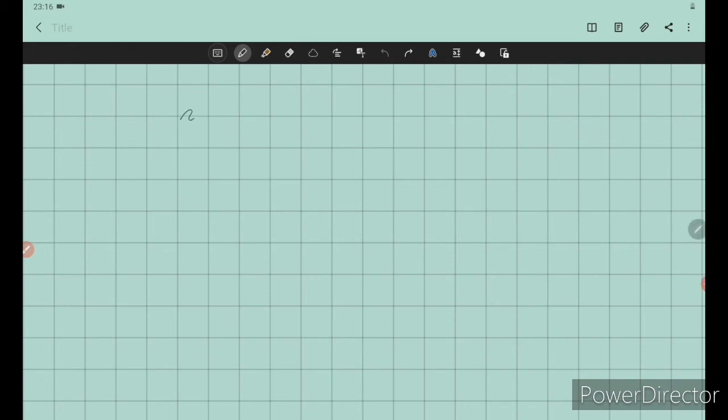Sorry, I'm not using a ruler, so probably my line will not be so straight. Please bear with that. So this will be my x-axis, and that will be my y-axis, positive y-axis and negative y-axis, and this is the origin of the graph. So I am supposed to draw a graph for a given wave.